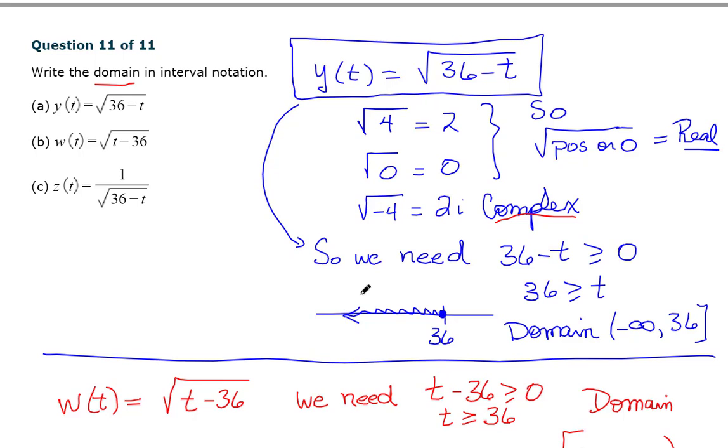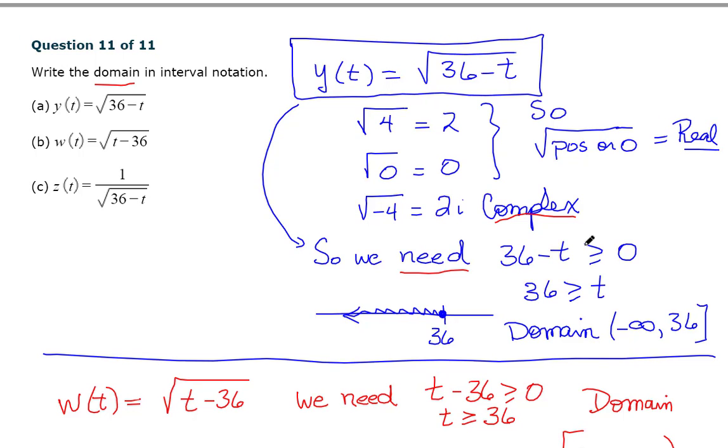So what do I need? I need the inside part to be greater than or equal to 0. And this was always going to be true in terms of square roots. So if I move the t, moving the t is not going to flip the sign.